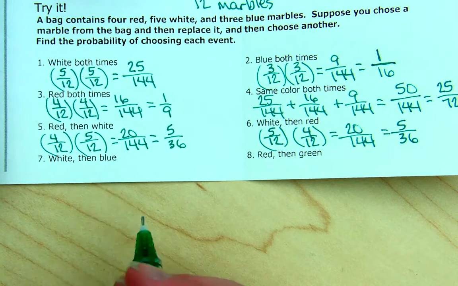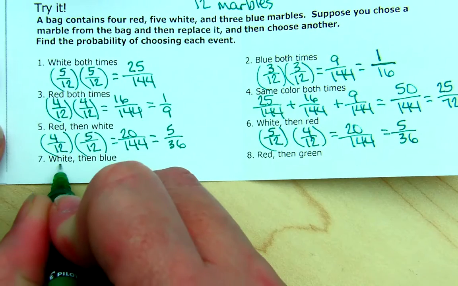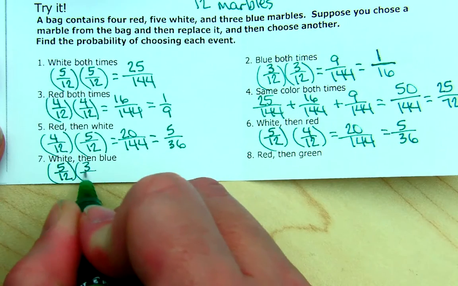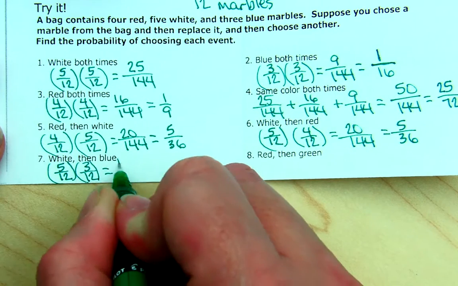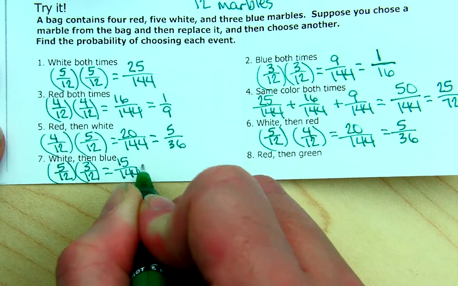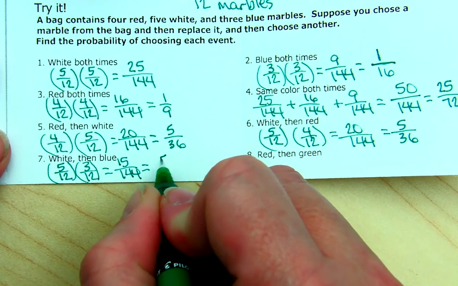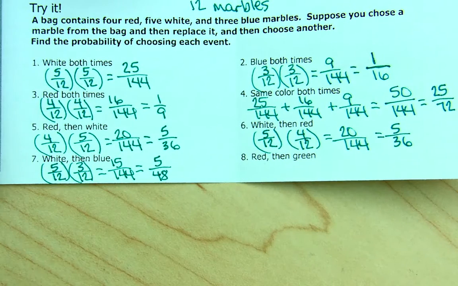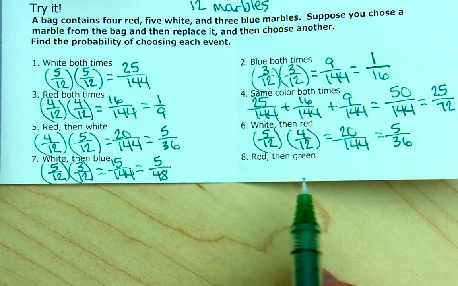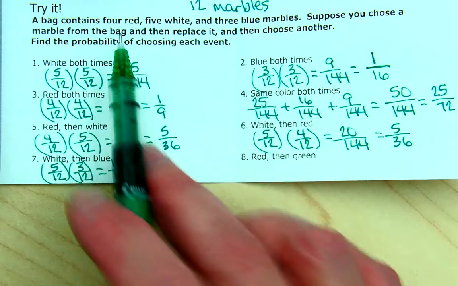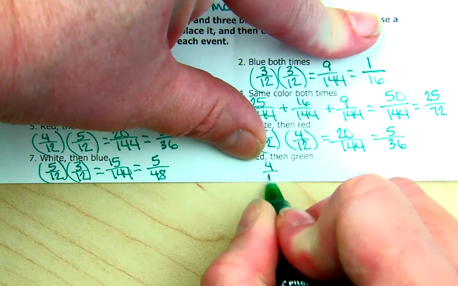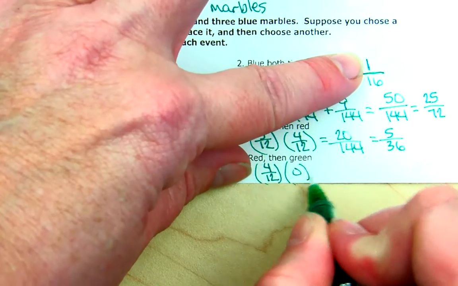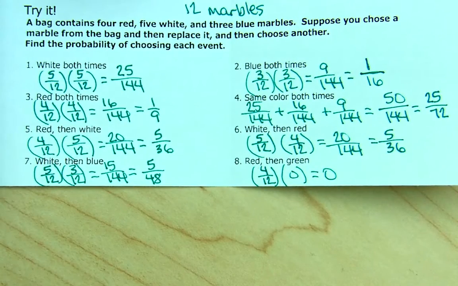If we do white then blue, we do red, it's 4 out of 12. Green, don't have any. So that probability is 0. Can't get that.